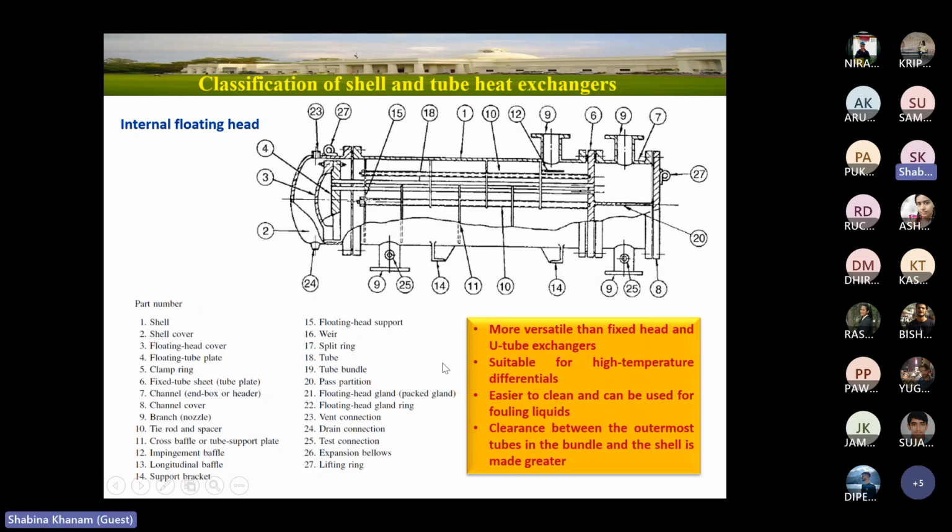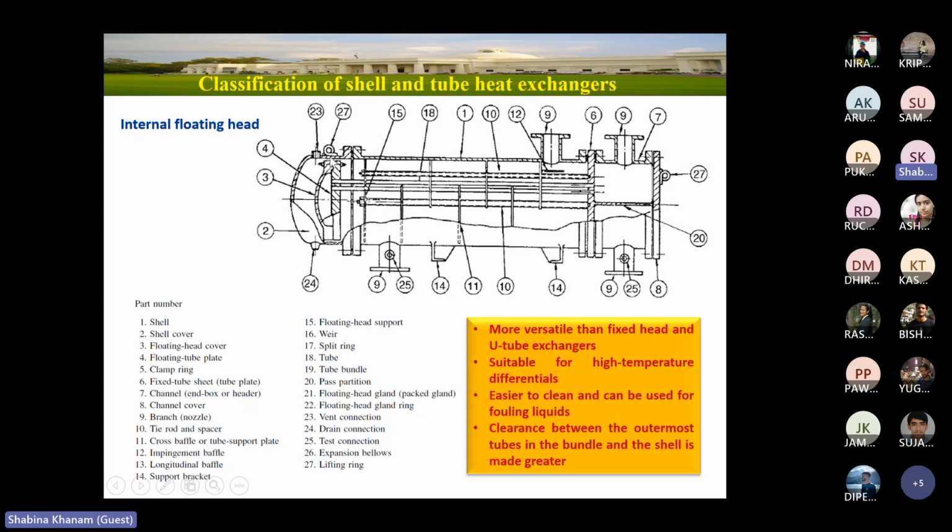Please try and understand what I'm trying to emphasize. Because this section is floating, the whole section should be inside this cover. This complete assembly should be there.